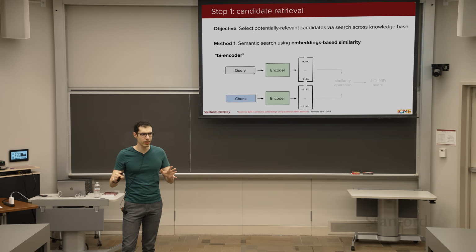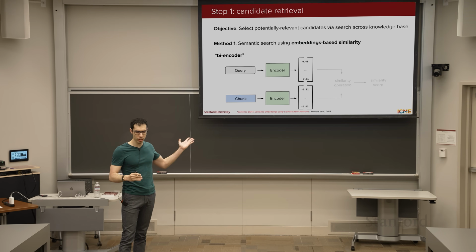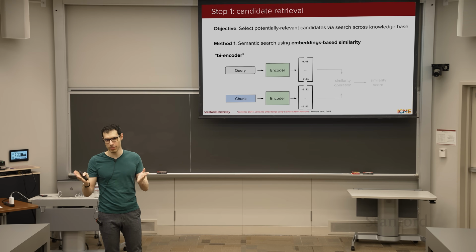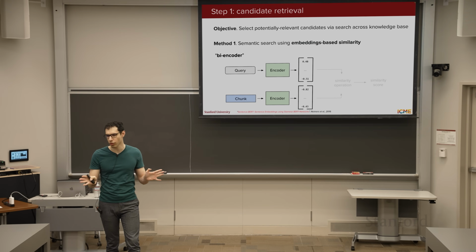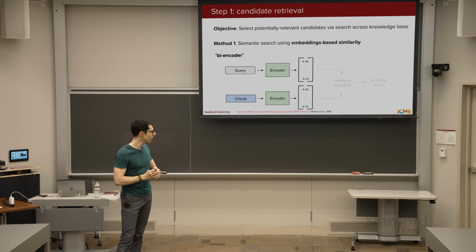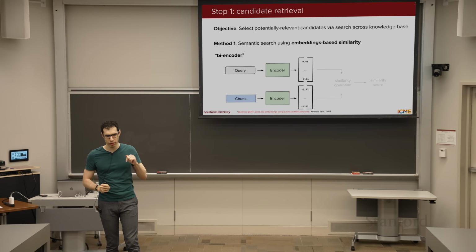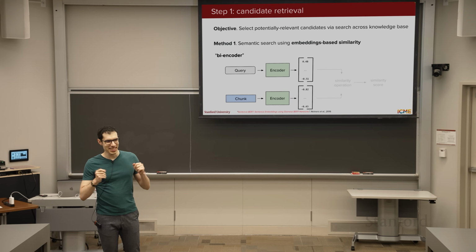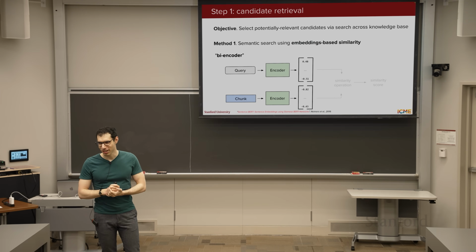The idea is to have a loss function that incentivizes a high cosine similarity for relevant entities and a low cosine similarity for entities that are not relevant. So feel free to check that paper out. If you know BERT, which I know you do, it's quite easy to read. Highly recommend it.